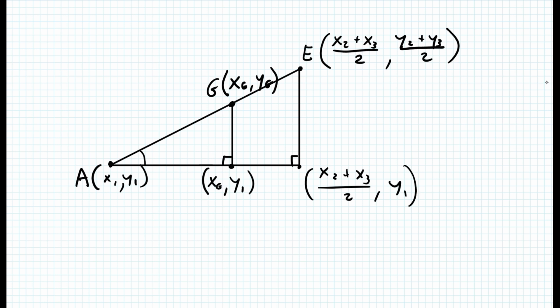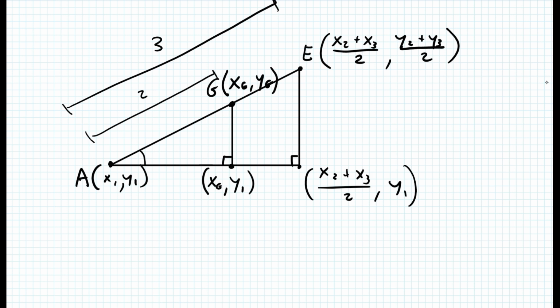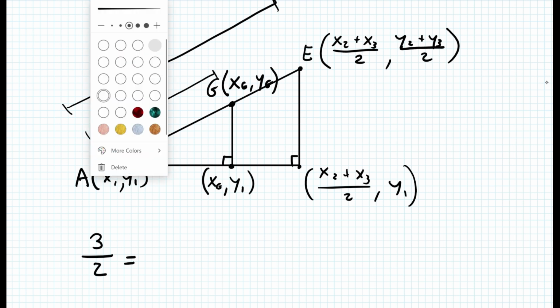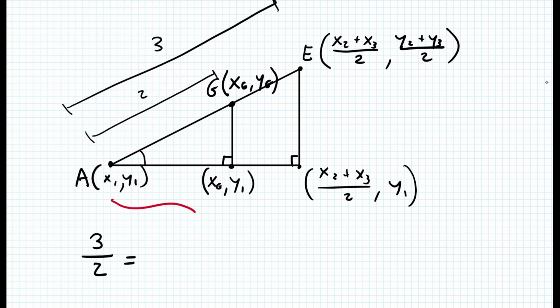Now, we can use the right triangles here, again, the proportions. But before we do that, let's first say that this has a ratio of 2, and the ratio of this whole thing is 3, okay? So we can set up a proportion now and say 3 over 2, so we're comparing the big triangle to the small triangle, is equal to, so the big triangle has this distance here, this entire distance.